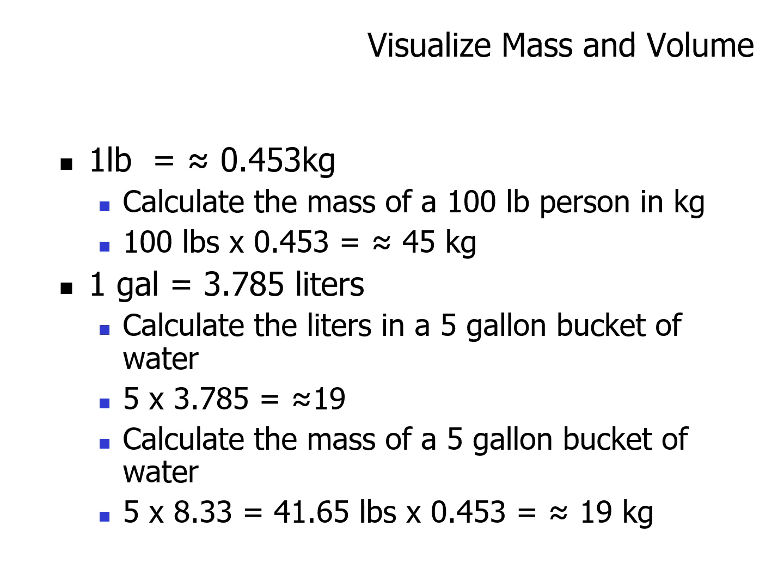Then it says calculate the mass of a 5-gallon bucket of water. So take 5 times 8.33, or 8.34, however you want to use it. I'm not going to argue about a hundredth spot. So 5 times 8.33 is 41.65 pounds.